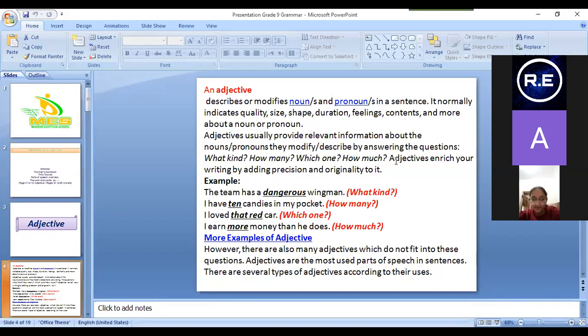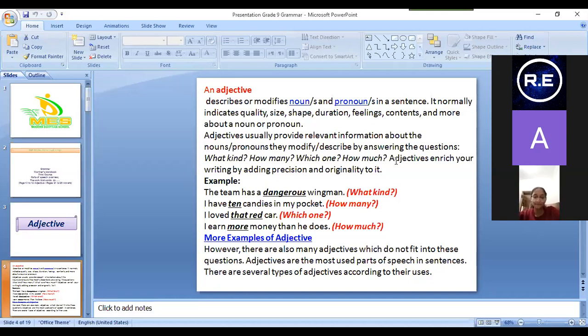What am I describing? I'm describing how many candies I have. I have 10, 20, 100 candies. I have $100 in my pocket. So I'm describing the amount, the quantity, or modifying the quantity of candies that I have. And candies, as we know, is still a noun.